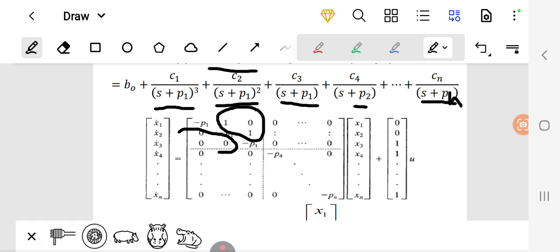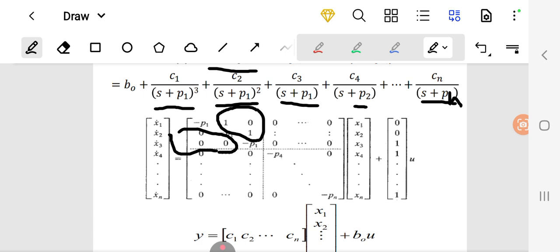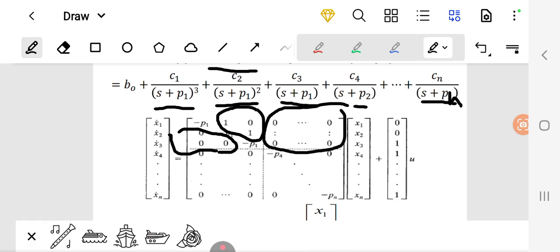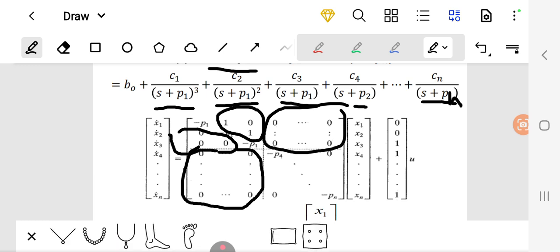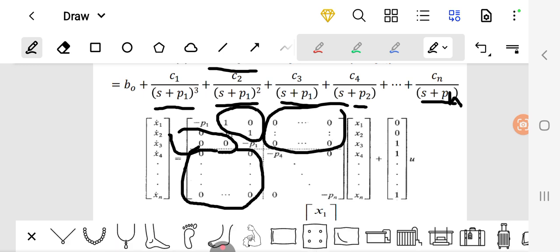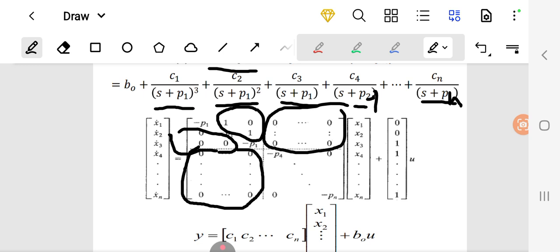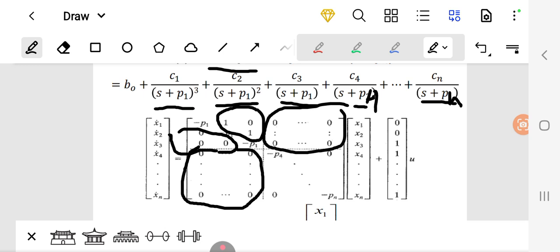This is a small difference from the last one. The right side to this part is all zeros, and the bottom of this part is all zeros. Then we put the rest of the poles. We can make it P4, pole number 4, as p1 is repeated 3 times: 1, 2, 3. This will be 4, negative P4 until Pn.